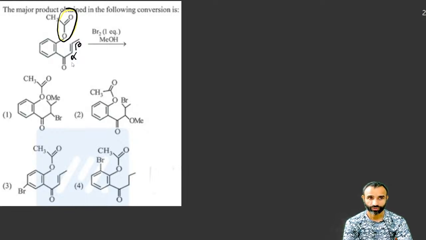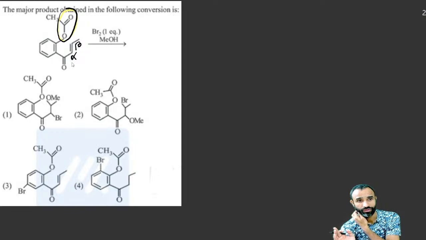Now bromine will obviously attack at the alkene, because the alkene is the most reactive part where bromine can attack.